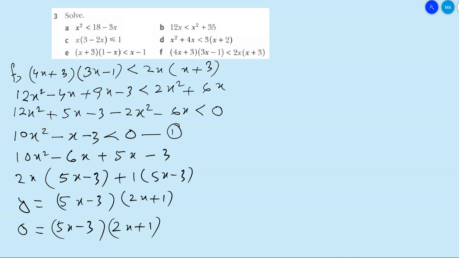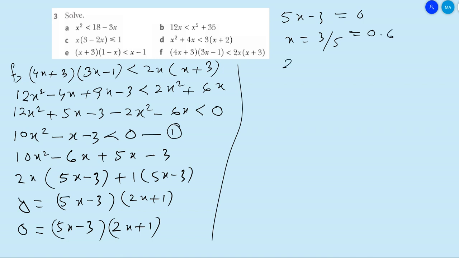From here 5x minus 3 is equal to 0, x is equal to 3 upon 5, and 3 upon 5 is 0.6. And the second bracket, 2x plus 1 is equal to 0. From here x is equal to minus 1 upon 2, which is equal to minus 0.5.